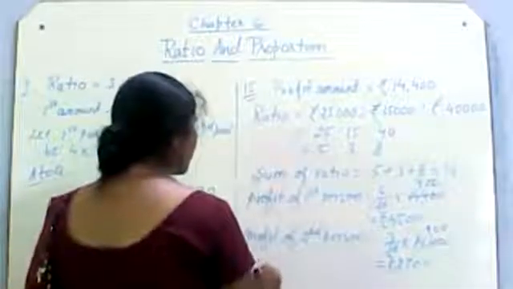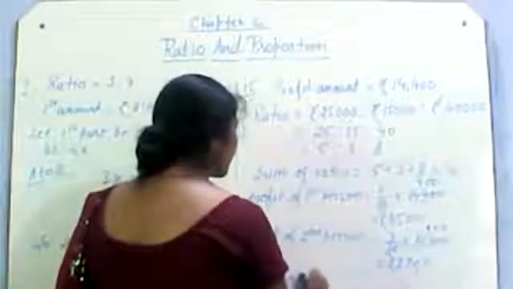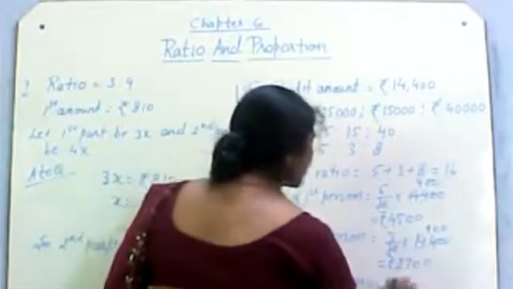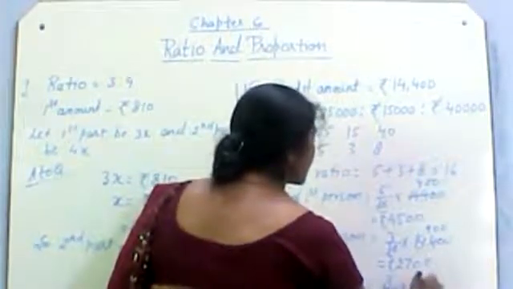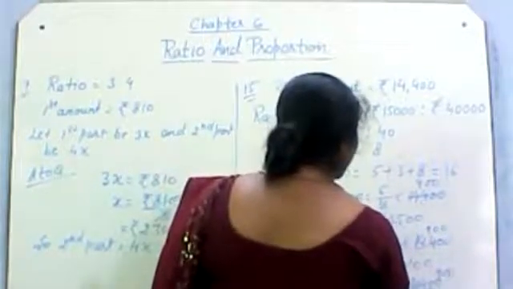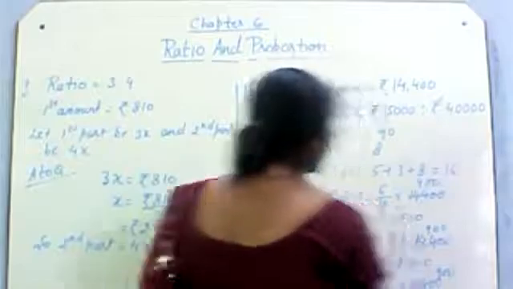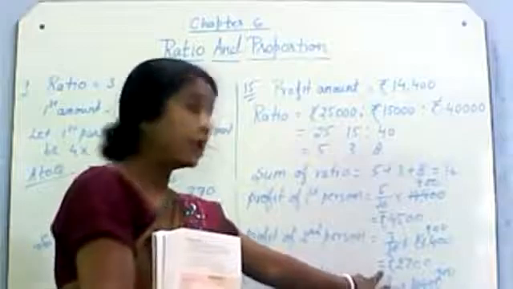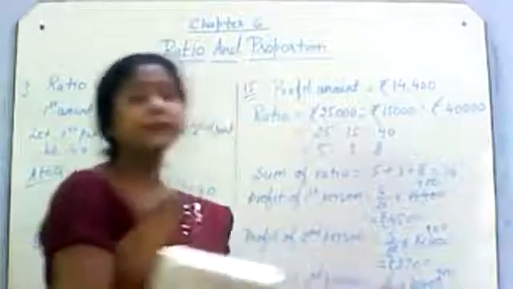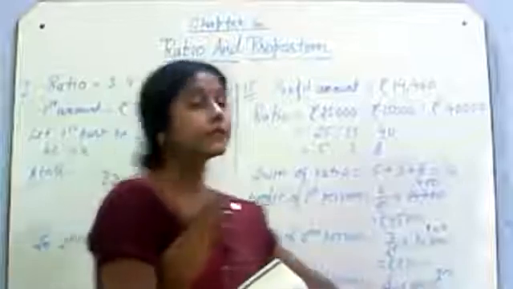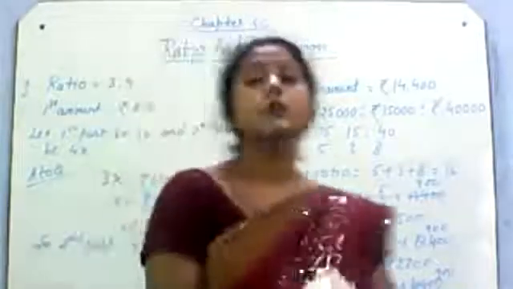And profit of third person equal to 8 by 16 multiplied by 14,400, and cancel it, 900 will come and rupees 7,200. So first person will get rupees 4,500, second person will get rupees 2,700, and third person will get rupees 7,200.